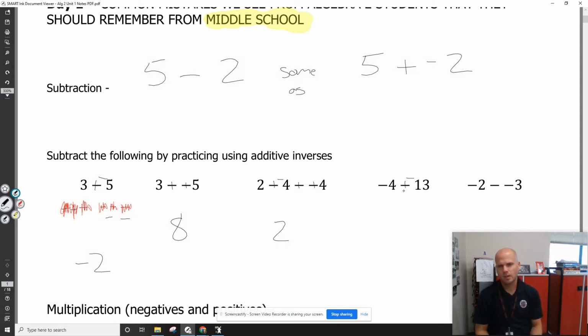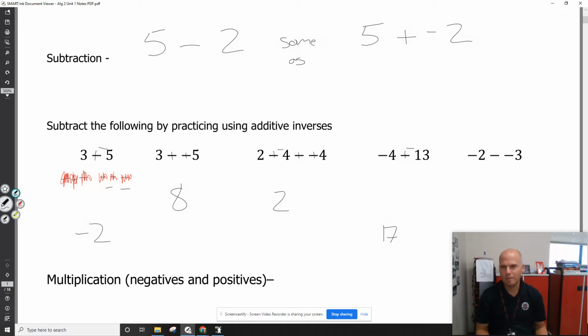Subtracting from negatives, don't worry. I'm adding more negatives. I have 4 negatives, and then I have 13 more negatives. How many negatives do I have now? I have 17. There's no canceling of positives and negatives. It's just that I have more negatives. -2 minus -3: subtracting a negative turns out to be just like adding a positive.